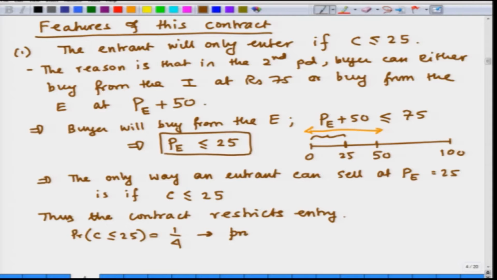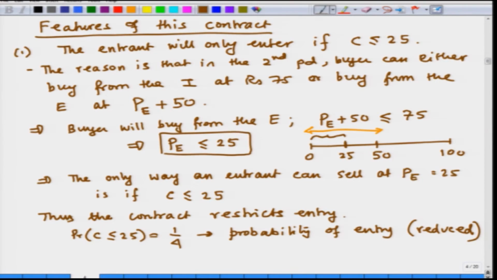So, the probability of entry is reduced, right. This is why the long term contract between the incumbent and the buyer can be anti-competitive, in the sense that it immediately restricts the probability of entry from 1/2 to 1/4.